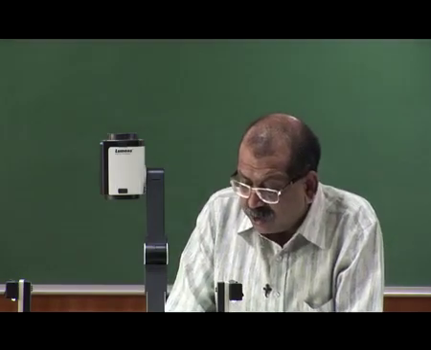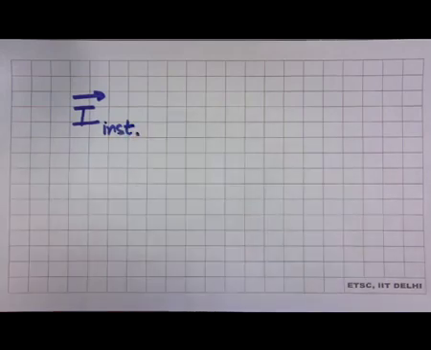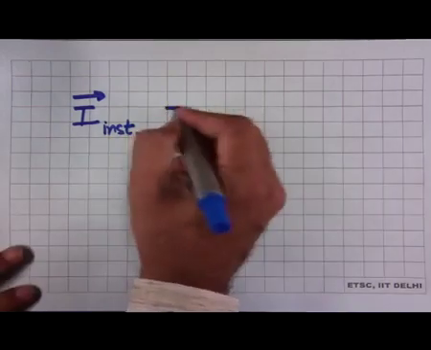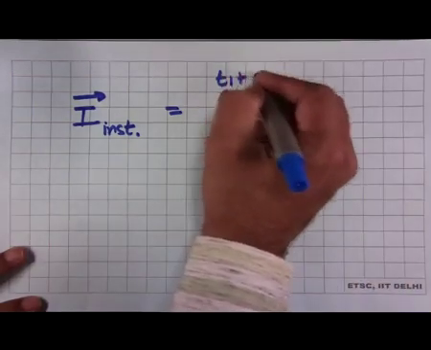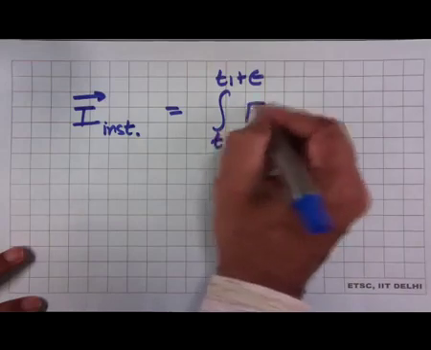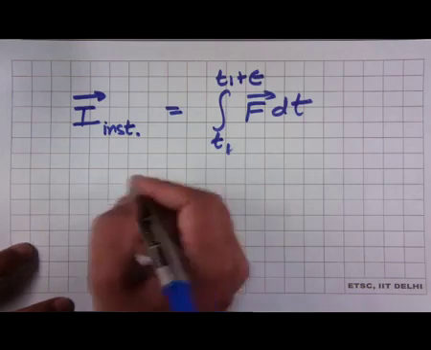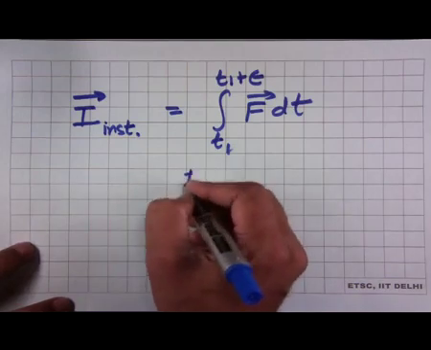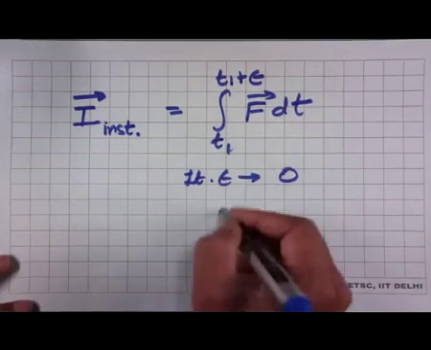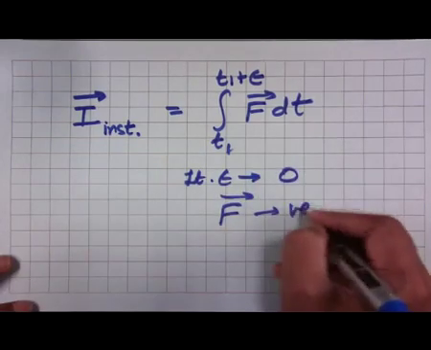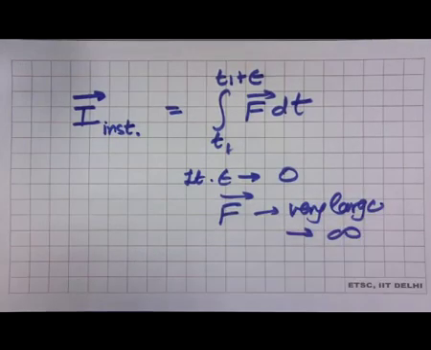So, what we are now defining is, we have already defined this quantity impulse, let us say INST, which shows an instantaneous impulse. This will be the integral from t1 to t1 plus epsilon of f dt, where when we take the limit, epsilon tends to 0 and f tends to be very large, which means we can idealize it to be going to infinity.